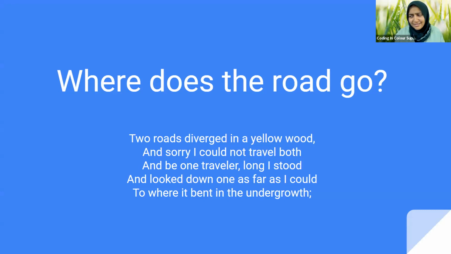The poem is about a traveler who sees the roads splitting in two, and being one traveler, they couldn't travel both, so they tried to look down as far as they could on the road, because at some point it bent into the undergrowth and they couldn't see what's coming up.